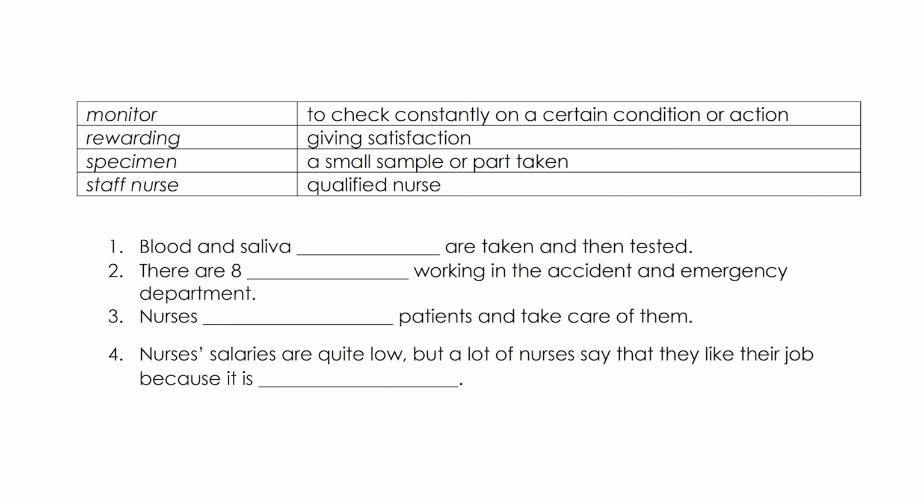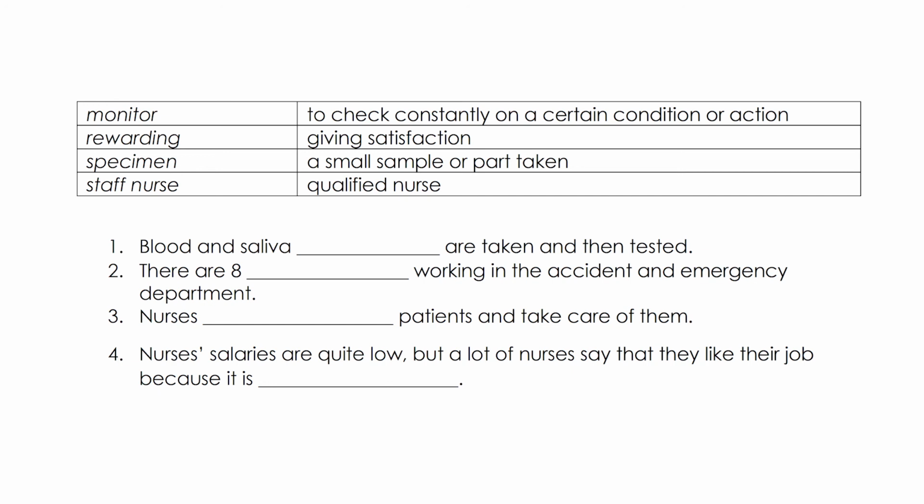Rewarding means giving satisfaction. For example, nurses' salaries are quite low, but a lot of nurses say that they like their job because it is rewarding. Specimen is a small sample or part taken.